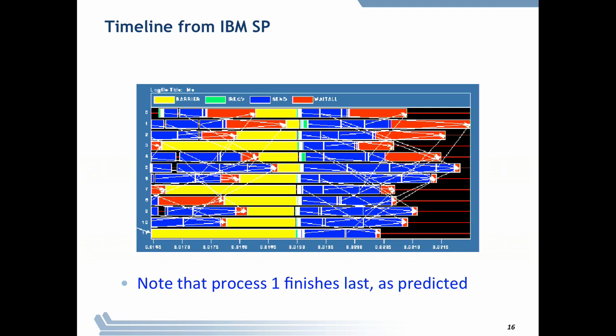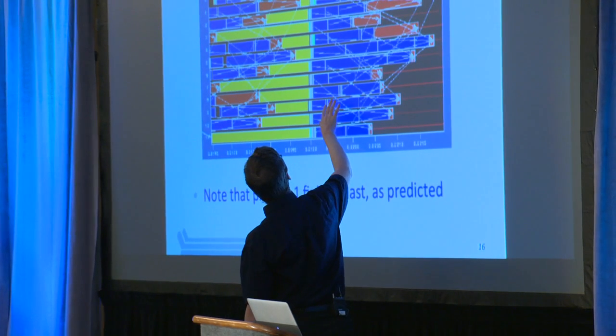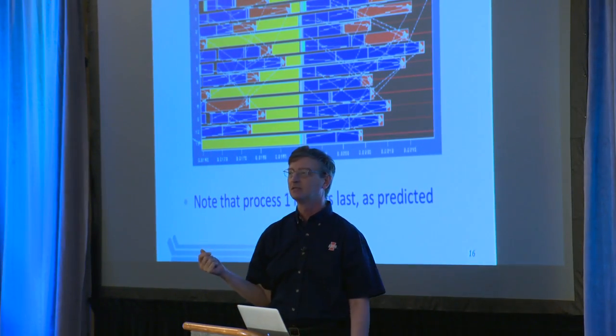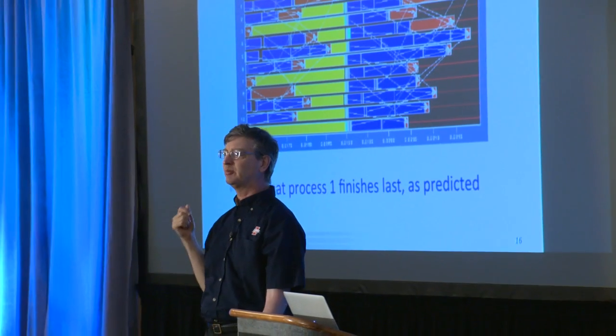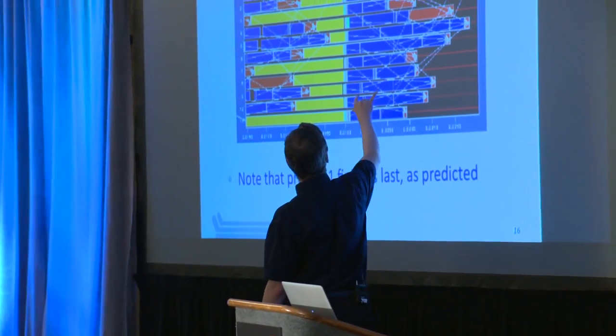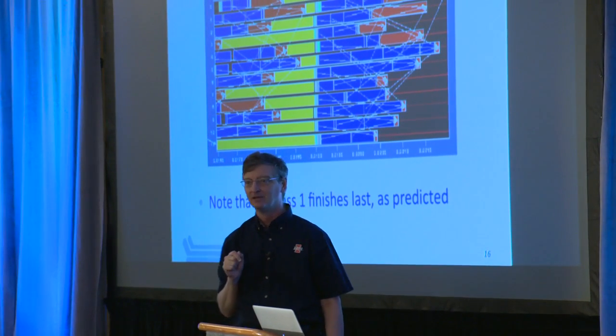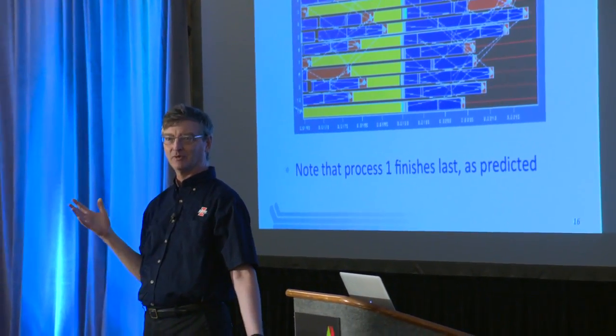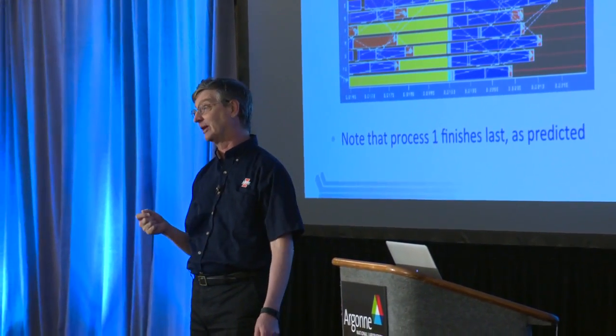This is a barrier to make sure everybody's starting at more or less the same time. These blue bars are the sends. In each case, in this example, the same amount of data is being sent. And so each of these blue bars should be the same length. What you see is that some of them are about twice as long as the others, because they're sending at half the rate.